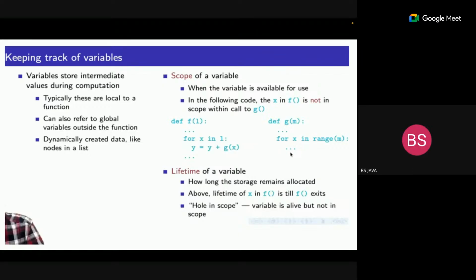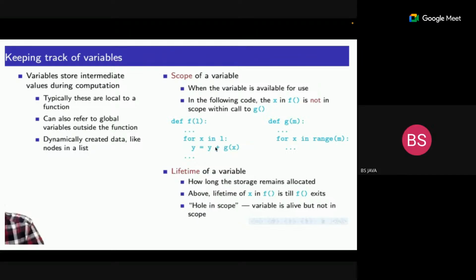At the same time, one more term: lifetime. Even though we are here in this g function and we are not able to access this x from g, is x dead? No, it's still in its own activation record.